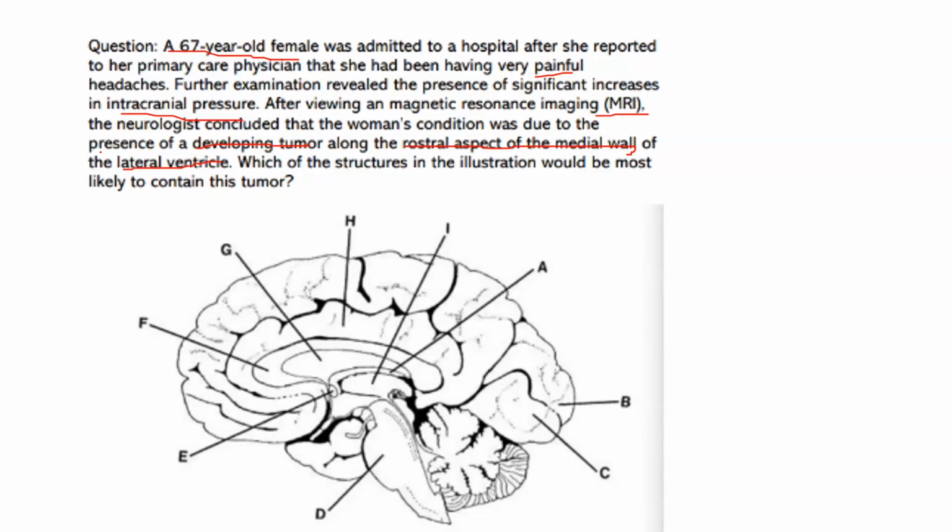The answer is G in this case. We're talking about the lateral ventricle, which is in this area, and the only option really related to the medial wall is G, since it's the septum pellucidum, which forms the medial wall of the lateral ventricle.